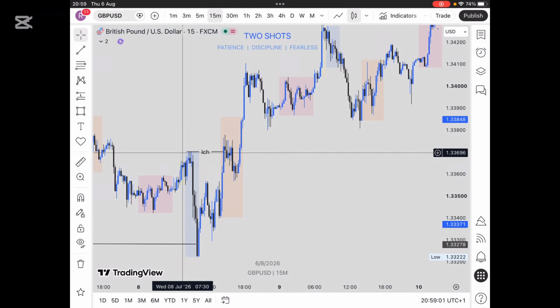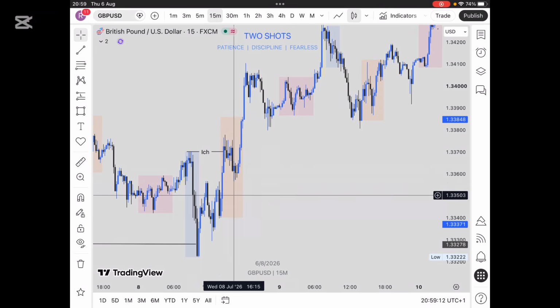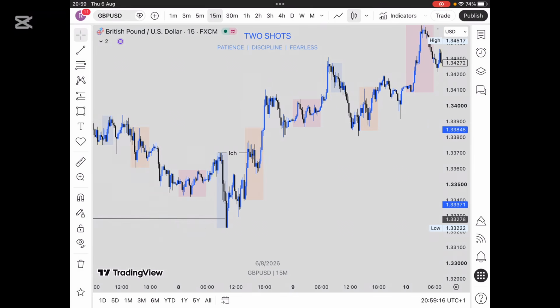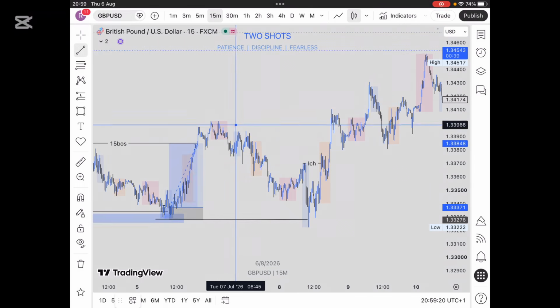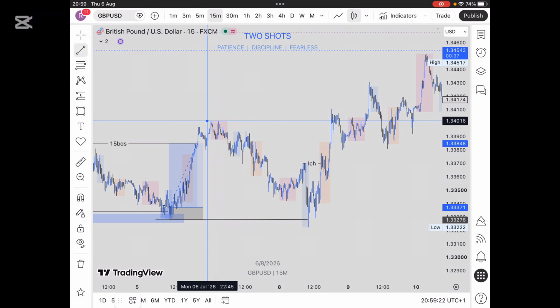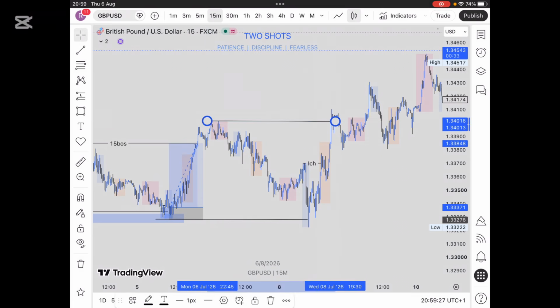Anywhere from this key level that we are seeing here to anywhere around here, any pullback would have been a good level for us to buy. But then price didn't give us the opportunity to get involved again for that move, and then it came back up and gave us another break of structure.